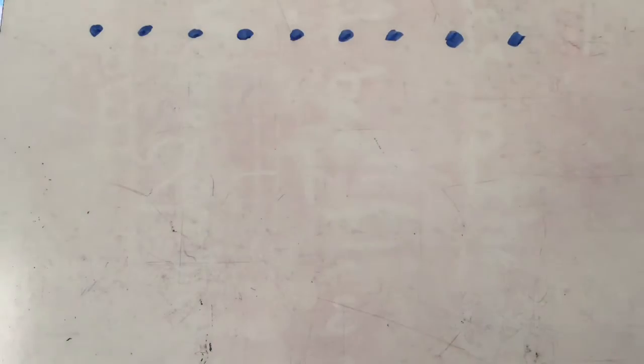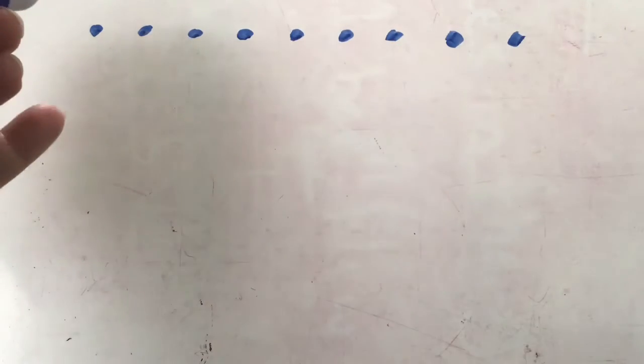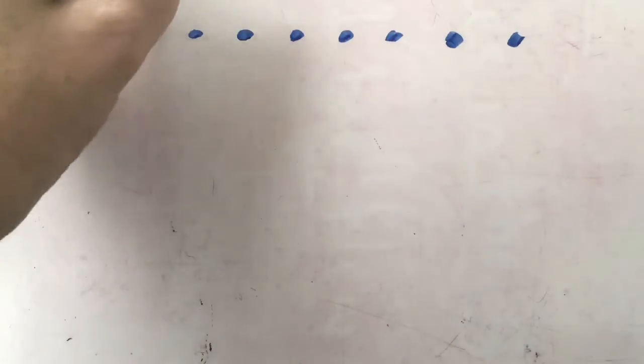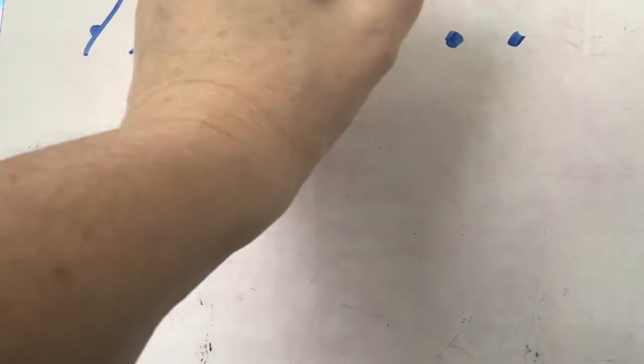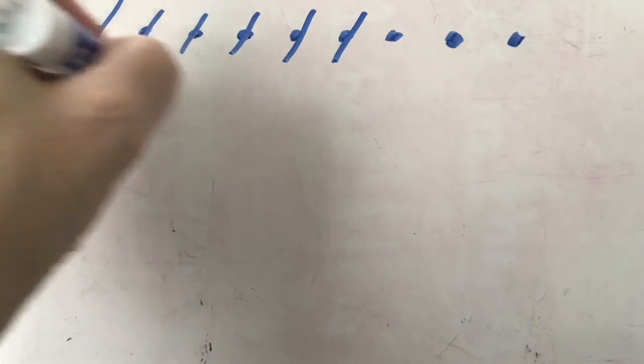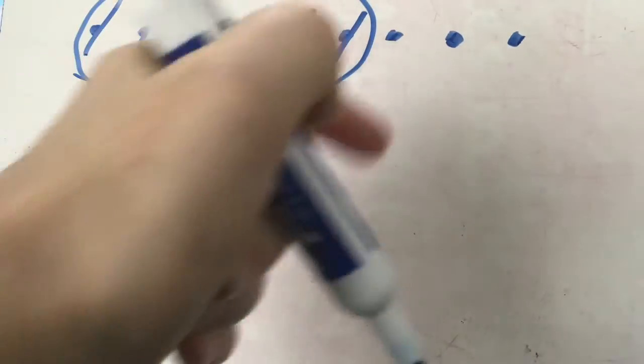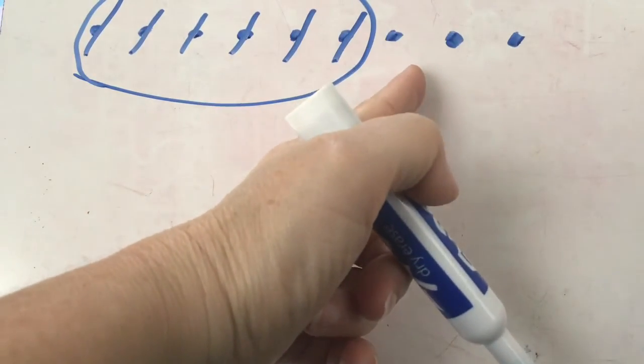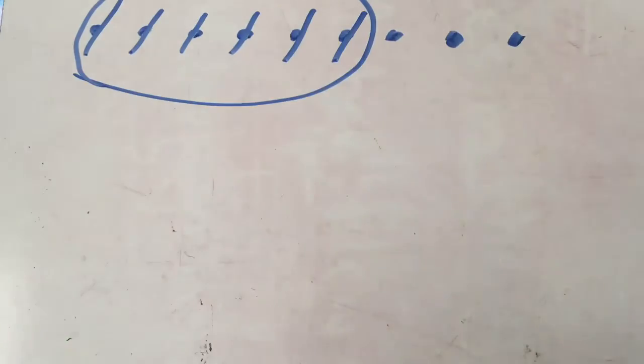Remember, I teach them to put them all in one line together. And it said that 6 of them fell on the floor, which means they're not in the box anymore. They left the box. They fell on the floor. So we're going to take those 6 away. 1, 2, 3, 4, 5, 6. Those are the 6 that we take away. Okay, and that leaves us with how many that are still in the box? There's 3 still in the box. So we're going to write a math problem.